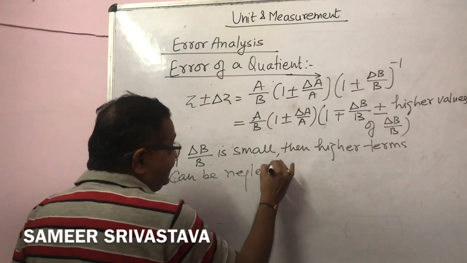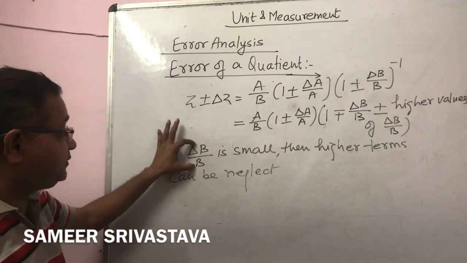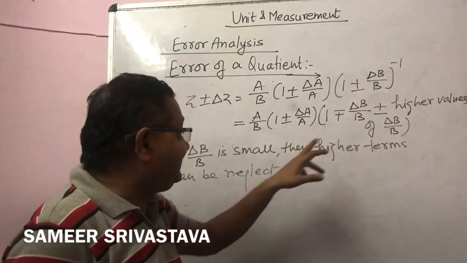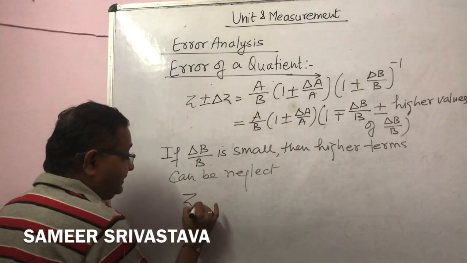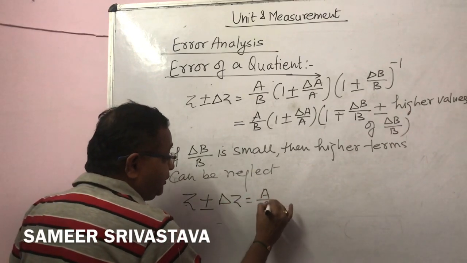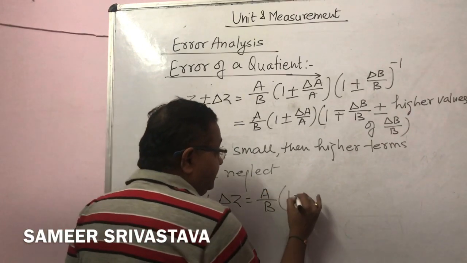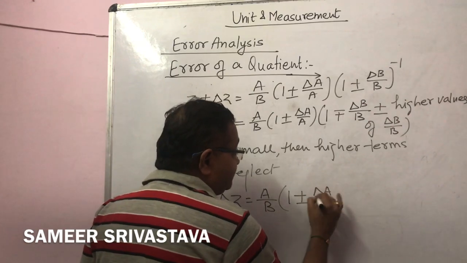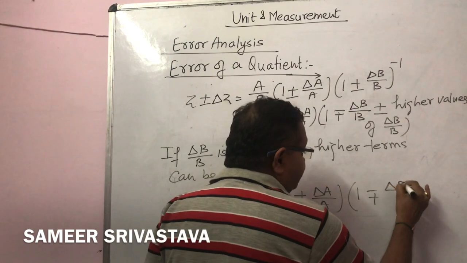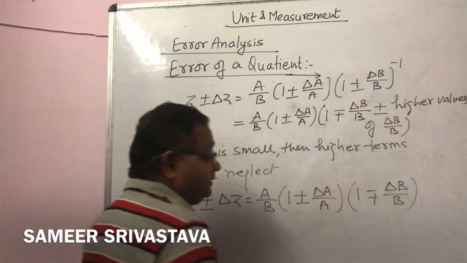We can neglect the higher terms because this value is very small, so the higher terms become more and more small. So we neglect them, and finally we write Z plus minus delta Z is equal to A upon B, 1 plus minus delta A upon A, 1 minus plus delta B upon B.